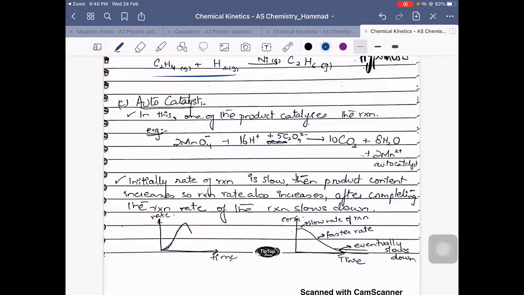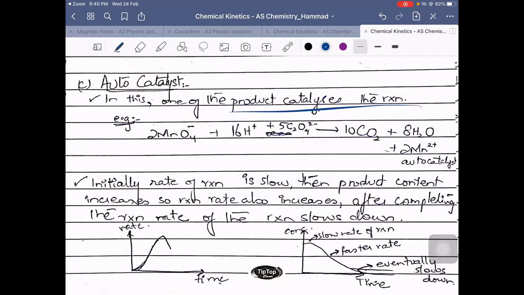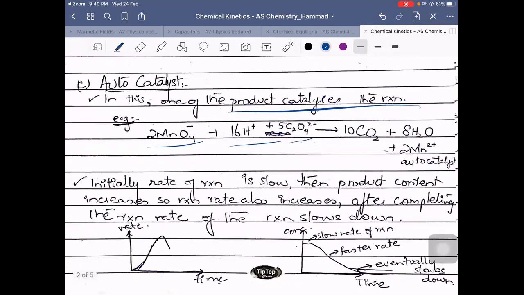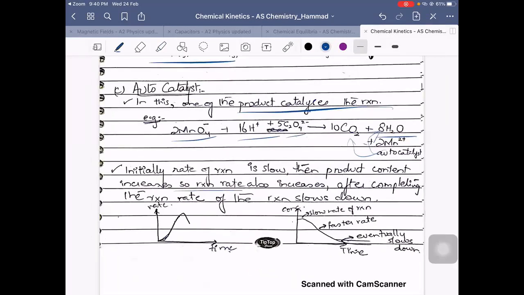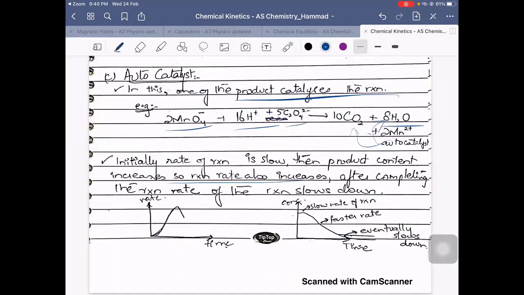Autocatalysis is a reaction in which the product catalyzes the reaction. MnO4- plus 16H+ plus C2O4 2- gave you carbon dioxide plus H2O plus 2Mn2+. The Mn2+ is an autocatalyst which starts off this reaction. Initially, let's say the rate of the reaction is slow, then the product content increases, so the reaction rate also increases.